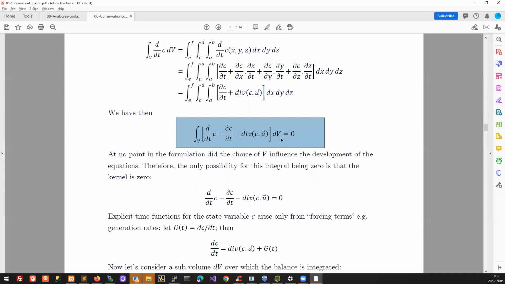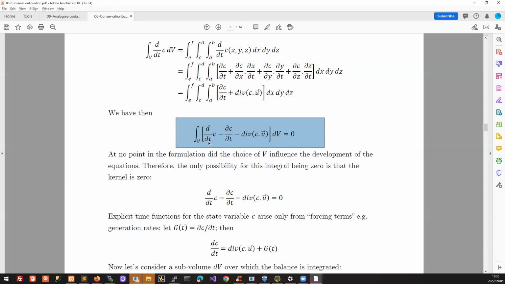And this integral is equal to 0, right? This is telling us that this integral is always equal to 0. And if you think about the volume that we chose, we never specified what these boundaries are.